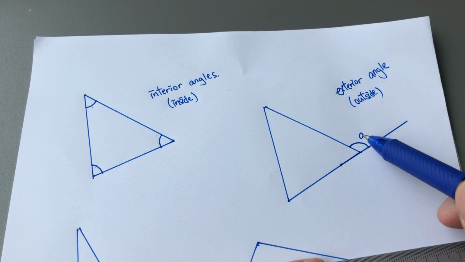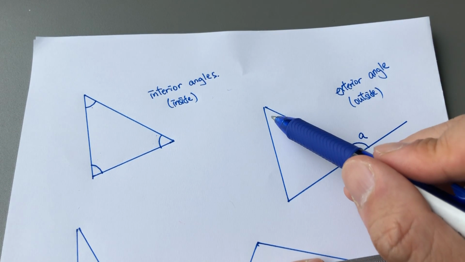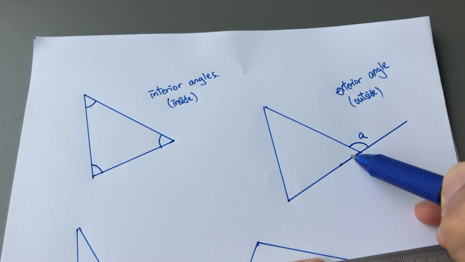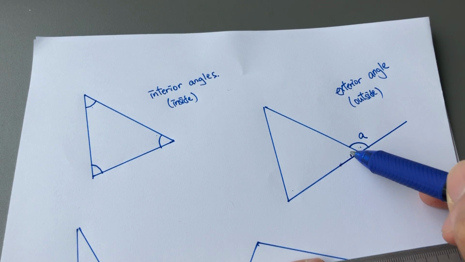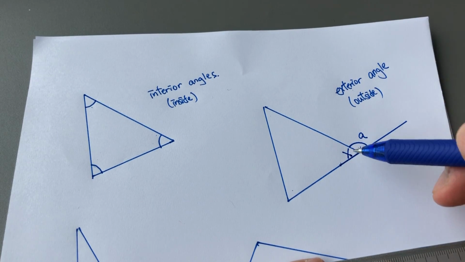And this exterior angle, there's a very interesting property. It will be equal to the sum of two interior angles. So inside the triangle, there are three angles, 1, 2, and 3, right? But this one, which is the one next to the angle A, next to the outside angle, this one doesn't count. We don't need this one.